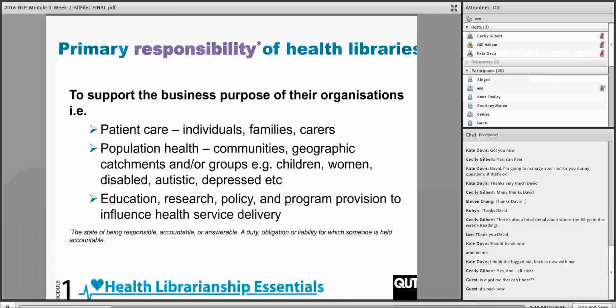And then there are other types of organisations that are primarily concerned with education, for example, universities, research institutes, policy organisations, program providers, and they influence in some way the delivery of health services by either training the future clinicians or by contributing through a research basis. So that, in a nutshell, the primary responsibility is to support the business purpose of whatever organisation you're in.